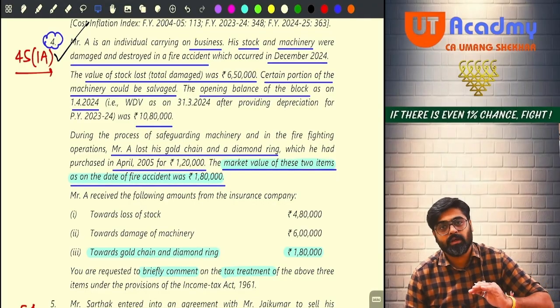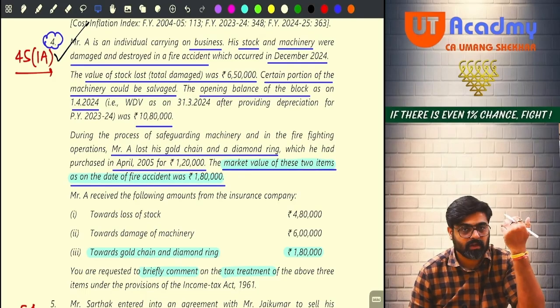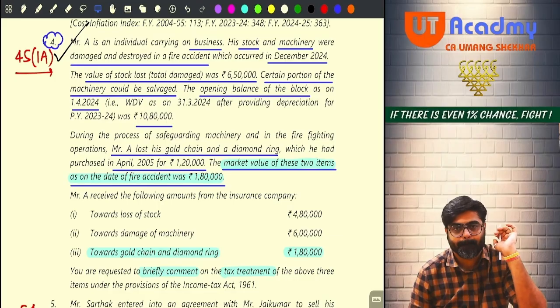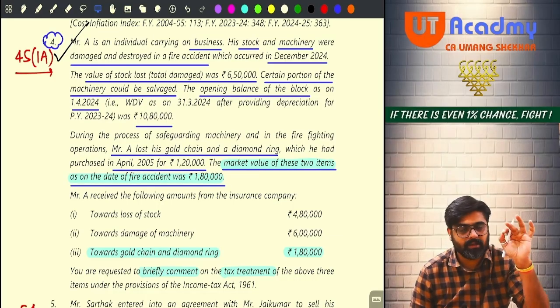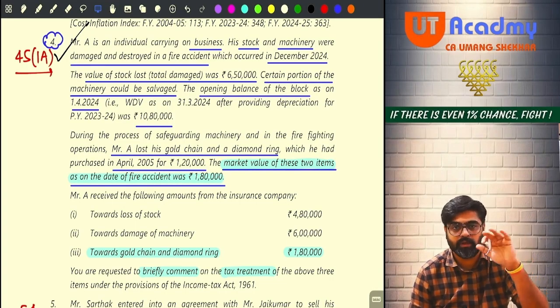Now in this year, these assets are damaged or destroyed due to fire. Fortunately, you had taken insurance for all these assets.